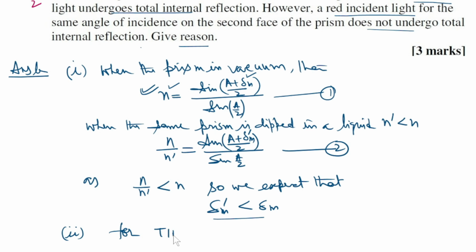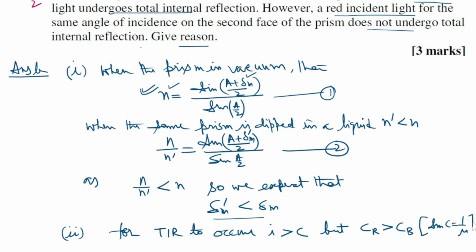For TIR to occur, the angle of incidence should be greater than the critical angle, but the critical angle for the red color is greater than the critical angle of the blue color. Hint, sin C is equal to 1 by mu. So red color will not undergo total internal reflection.